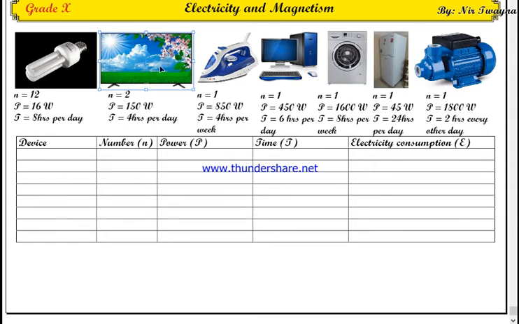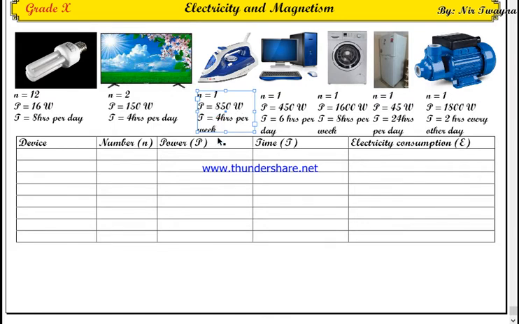Each television consumes 150 watt of power, and the TVs are operated for 4 hours per day. Then they have an electric iron. They have only one of it, and the power of each electric iron is 850 watt.